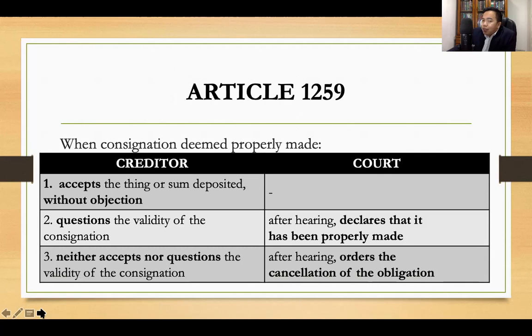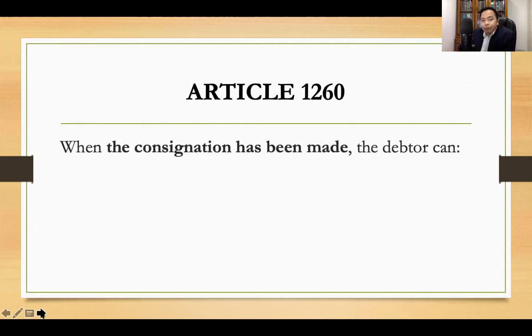Now, take note that the running of the interest will cease or will stop or will be halted upon tender, not upon the completion of consignation. Take note of that. Now, once that consignation is properly done, then the court will order the cancellation or extinguishment of the obligation.